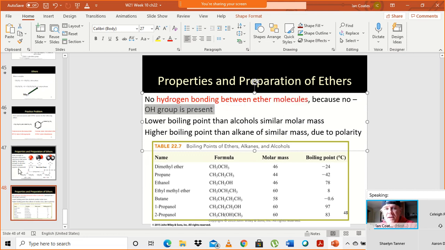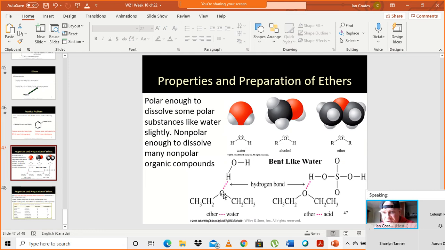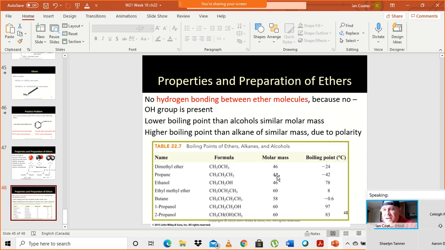There is a bit of an attraction, but not much. You guys can compare the boiling points to others, and you'll see the bigger the chain, the higher the boiling point. Have a look at those.